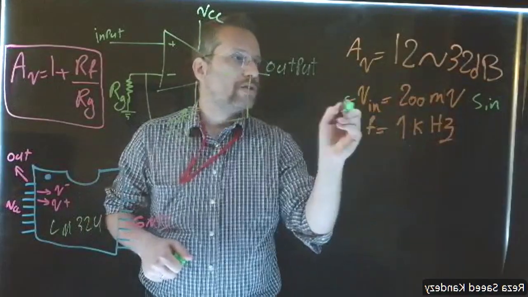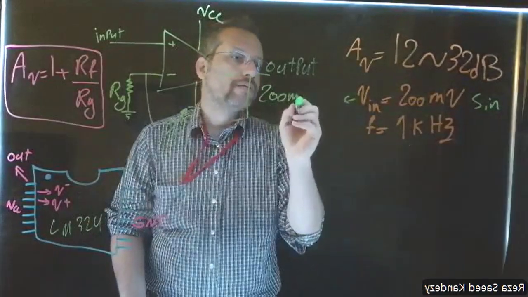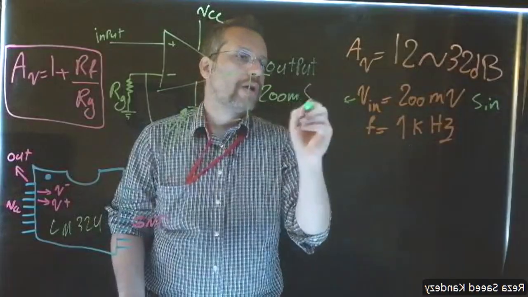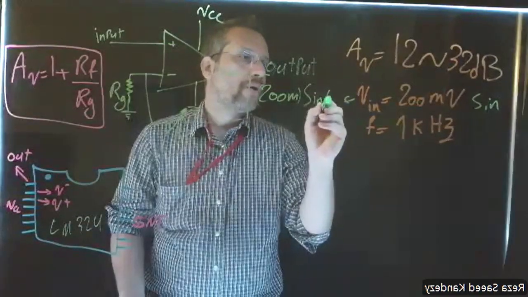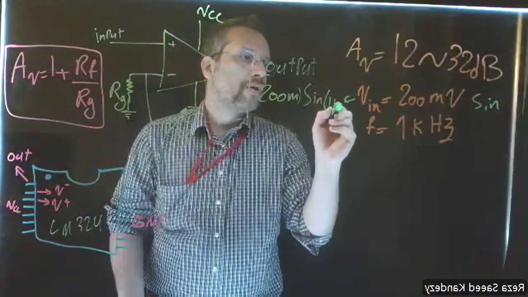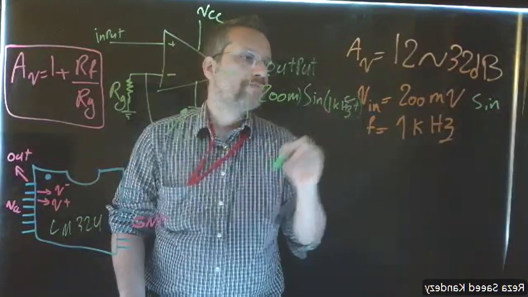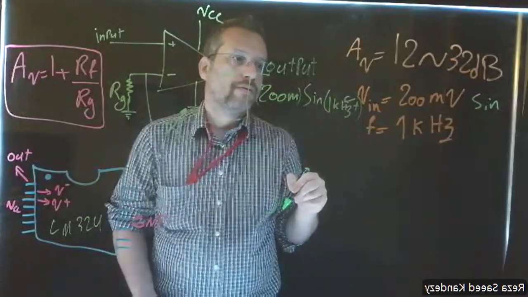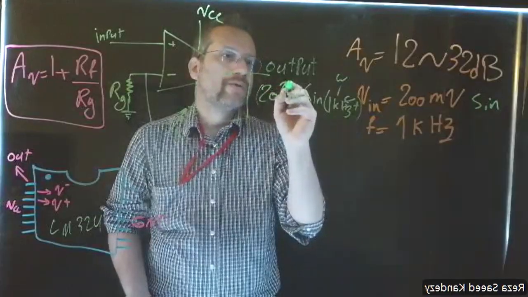So what is our input? 200 milli times sine of 1 kilohertz times t. This is omega. This is the amplitude.